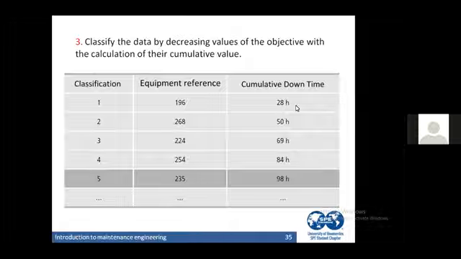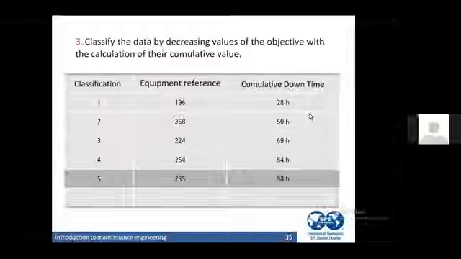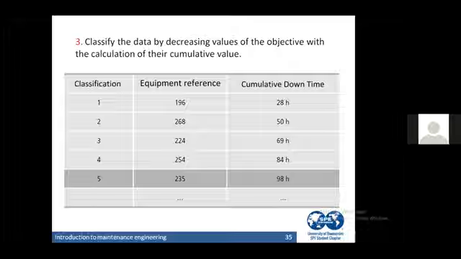You see, we are cumulating the downtimes. After cumulating these times, we represent the Pareto curve, which is the cumulative downtime as a function of the equipment classification order.